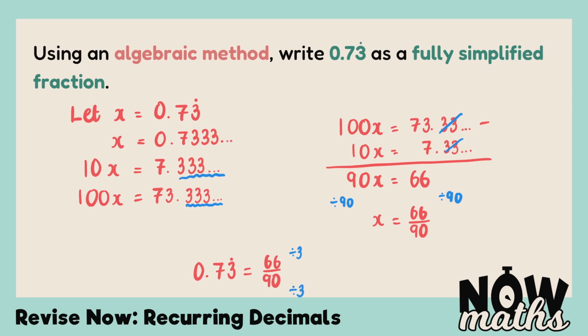Dividing the numerator by 3, 66 divided by 3 is 22, and 90 divided by 3 is 30. 22 and 30 are both even numbers, so they are definitely divisible by 2. So let's divide the numerator and denominator by 2. And 22 divided by 2 is 11. 30 divided by 2 is 15. And 11 and 15 share no common factors, so our final answer is 11/15.